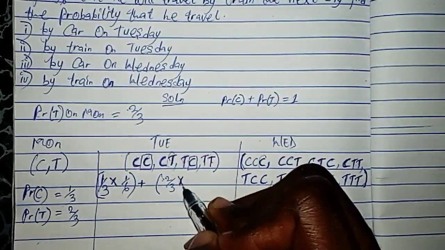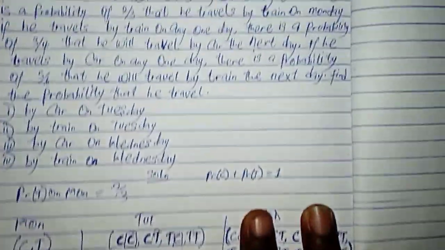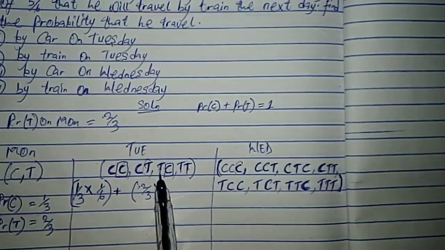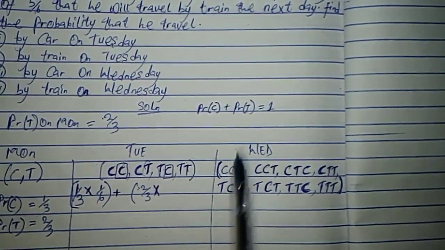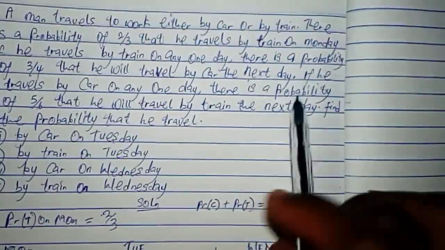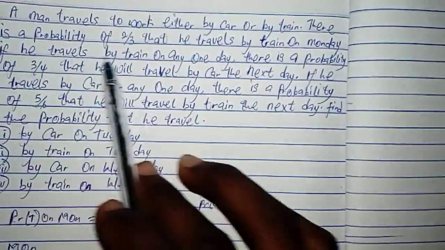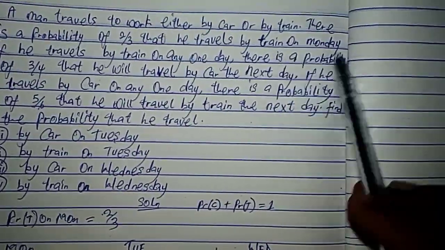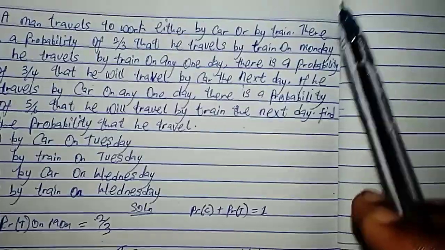m times. What is the probability of him from the question traveling by train on Tuesday and the next day traveling by car? Traveling by train on any one day and the next day traveling by car. From the question, you get that if he travels by train on any one day, which could be Monday, Tuesday, and any day, there is the probability of 3 over 4 that he travels by car the next day.